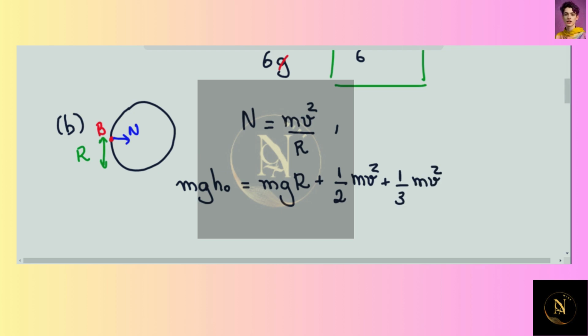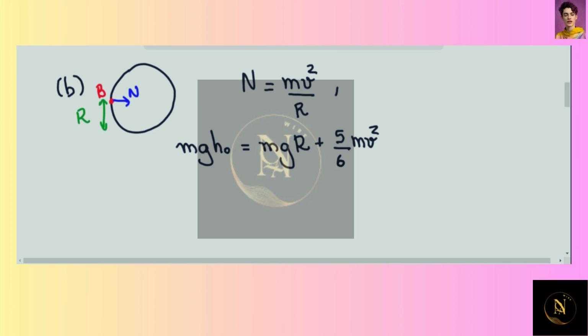The second term comes from the rotational kinetic energy. So in the end, it's just 5/6 of mv squared.